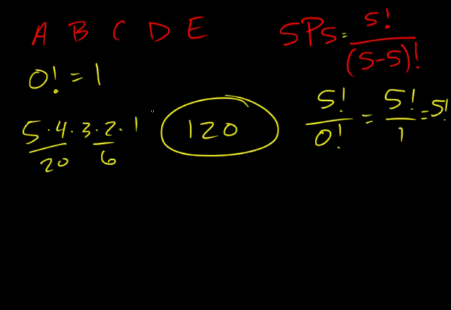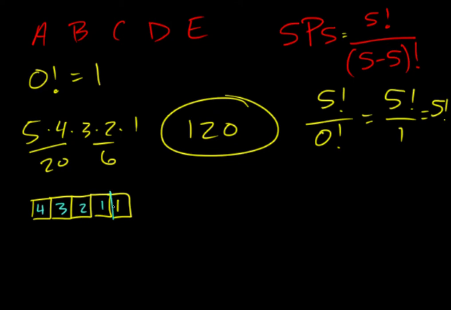Okay, now we want to know how many permutations end in C. So if we put the blocks like this, we're going to fix that position, but there's 4, 3, 2, 1 different ways that we could do it.